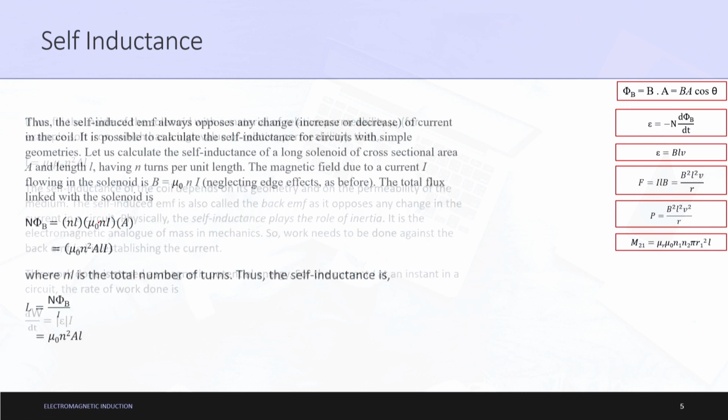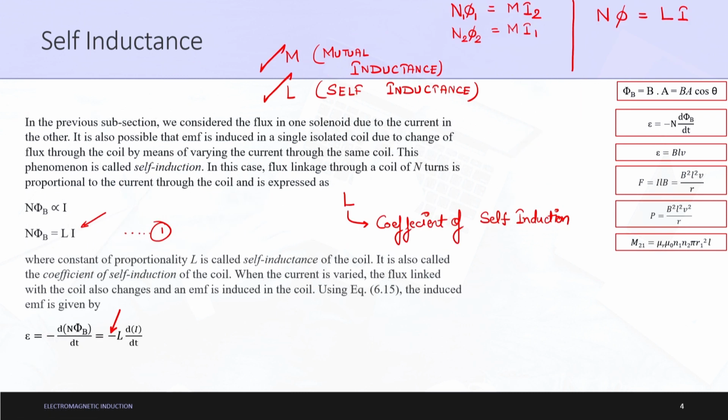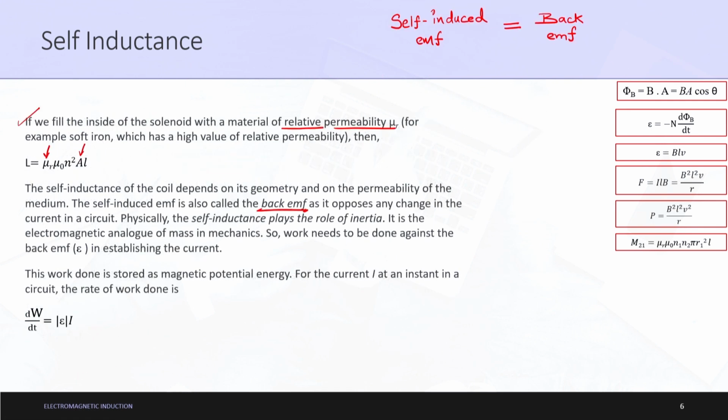From the last concept, when we were talking about the value of induced EMF, we got to know that epsilon is equal to minus L di by dt. Let me write the formula here again: EMF induced is equal to minus L di by dt. So, any change in the current value will have an opposing effect. Why will it have an opposing effect?